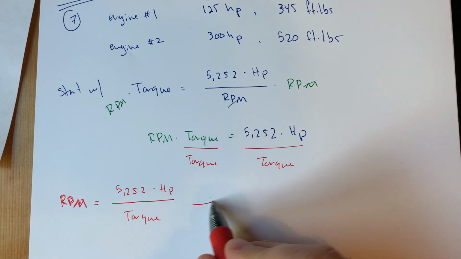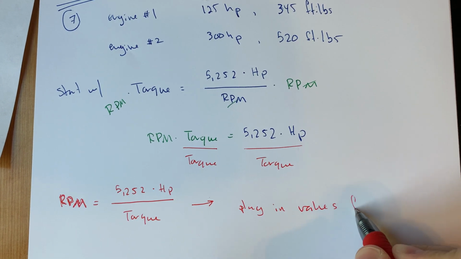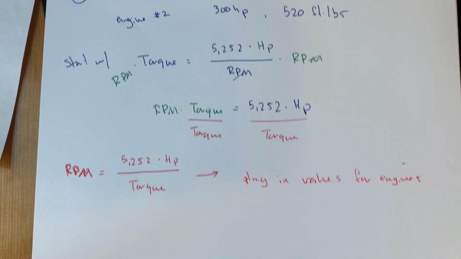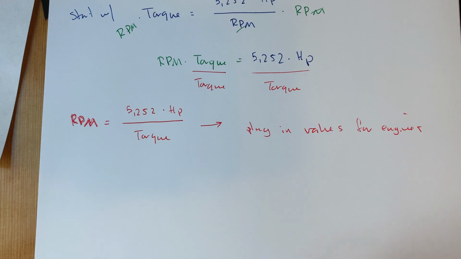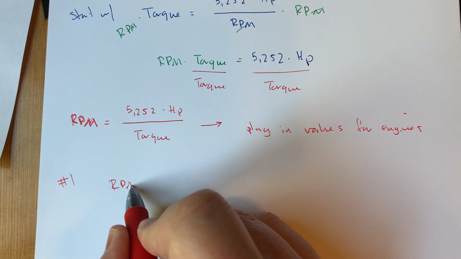Once I have this, all I need to do is plug in my values for the engines, and I'm good to go. So let's crunch these numbers relatively quick. So number 1, RPM.